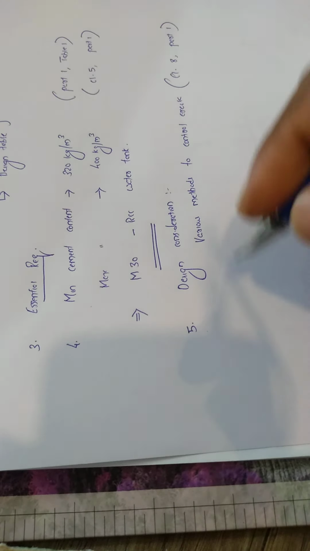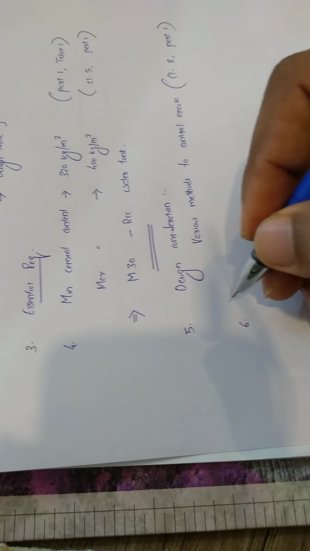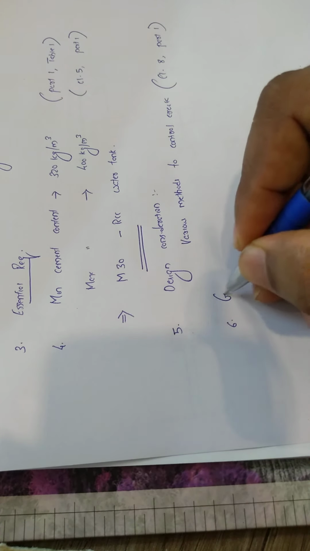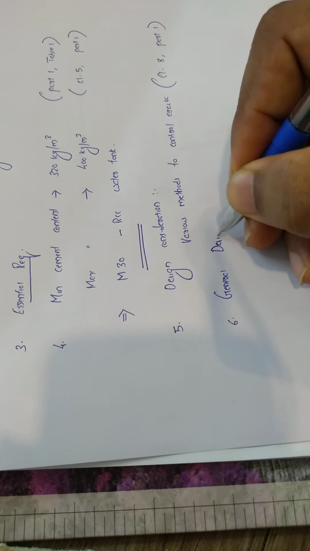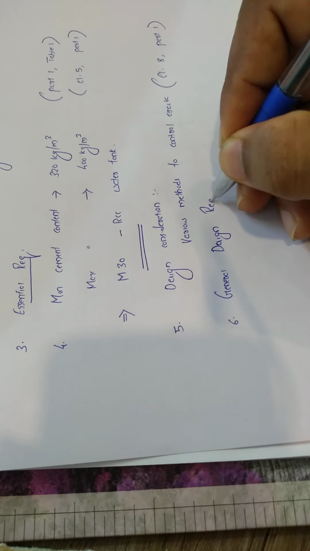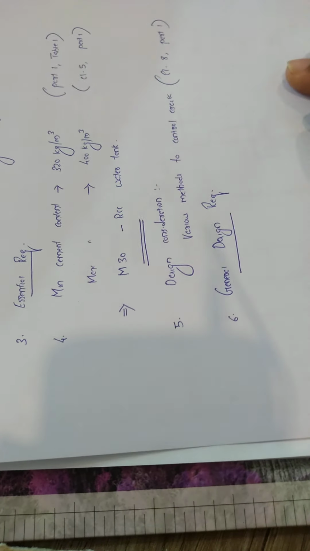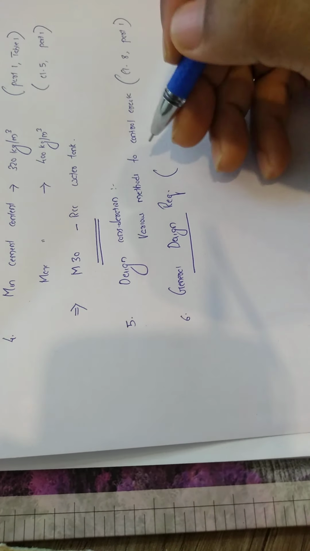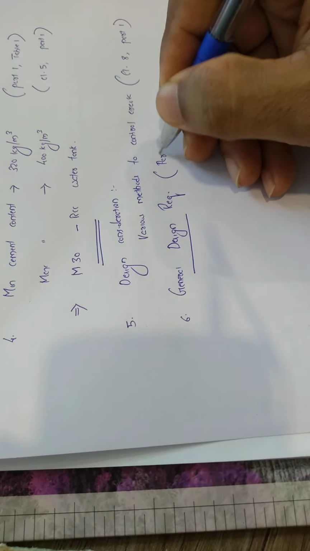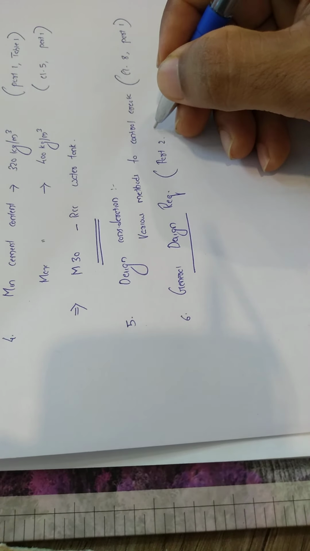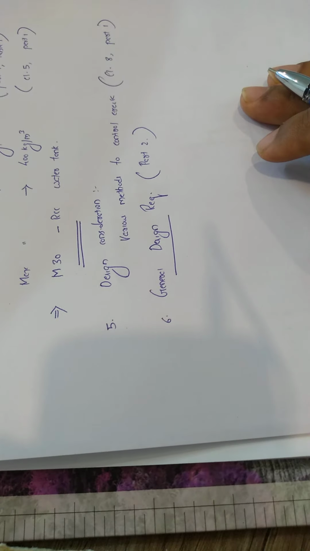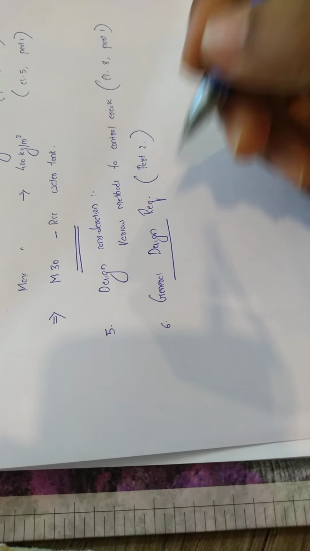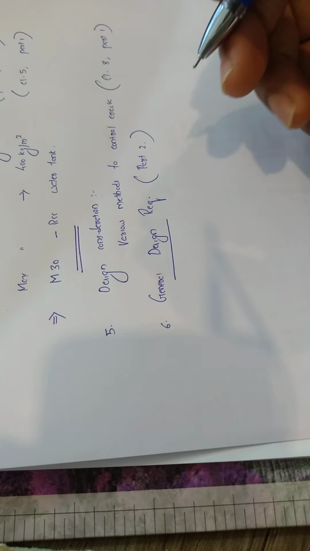Coming to the sixth point, the general design requirements. This is entirely based on part 2 of IS 3370 2009. Here we are going to see some important things that we normally use in our design procedure.